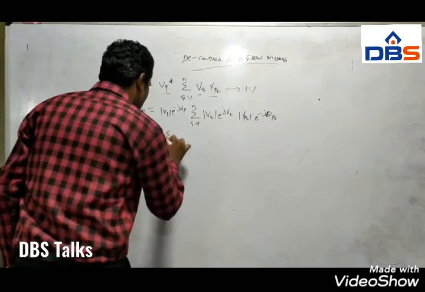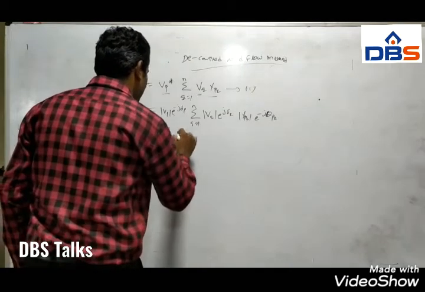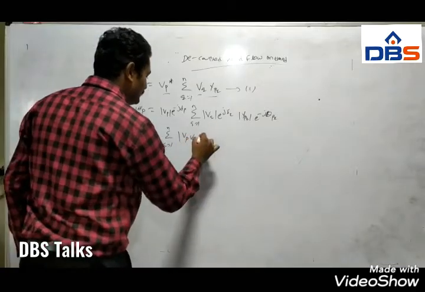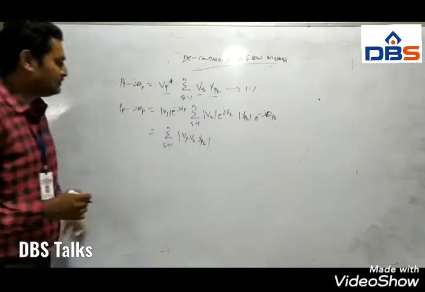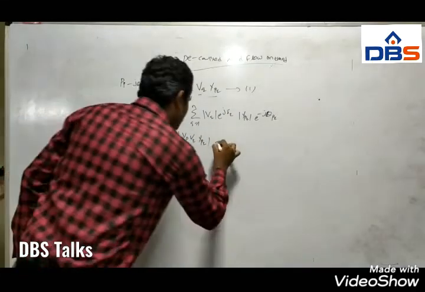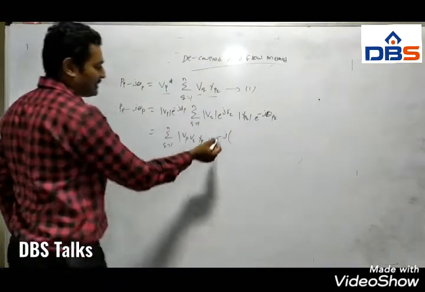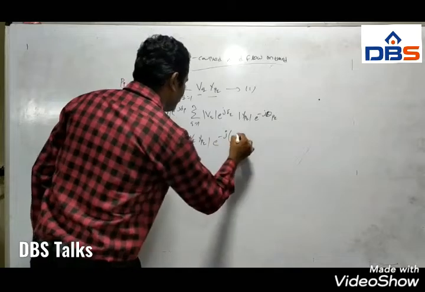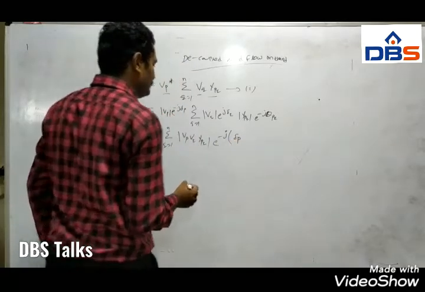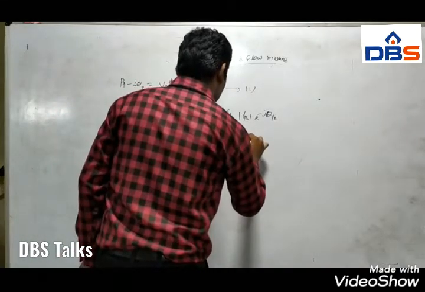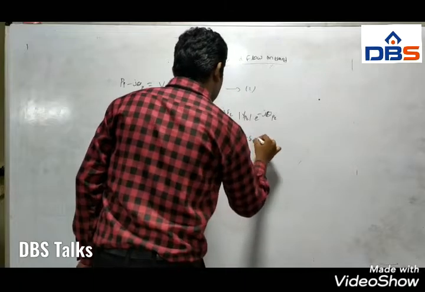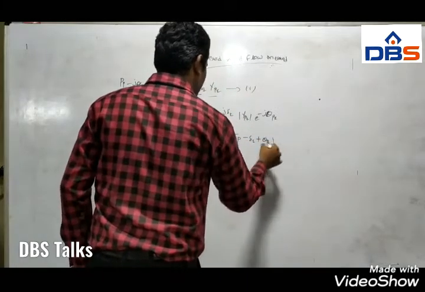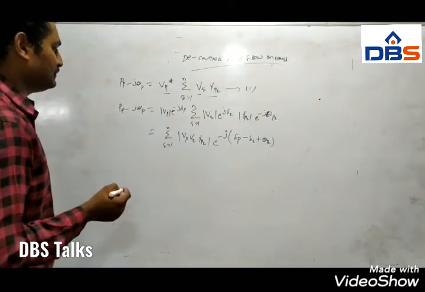From this we have sigma q equals 1 to n, mod Vp Vq Ypq, and e power minus j. Here minus j we are taking common, so minus j of delta p minus delta q plus theta pq.